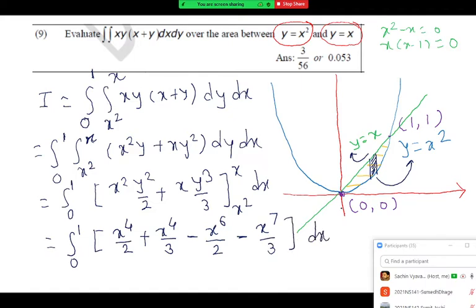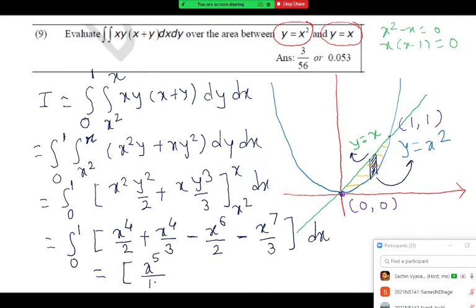Now, only the first two terms can be combined together because they have the same power. So you can take the LCM and then integrate, or you can integrate and at the end take the LCM. Let me integrate directly. The integration of x raised to 4 is x raised to 5 upon 5.